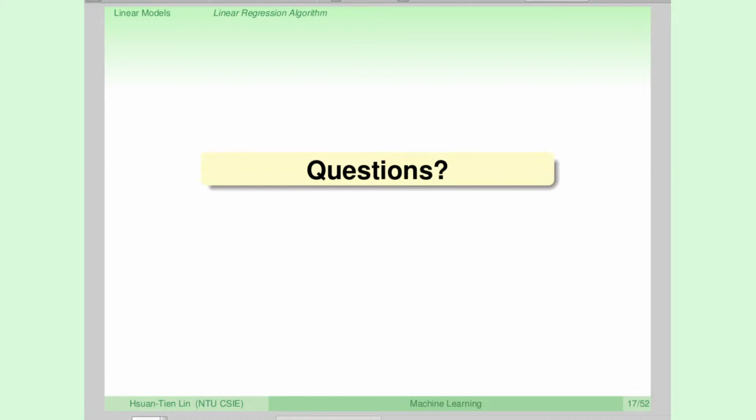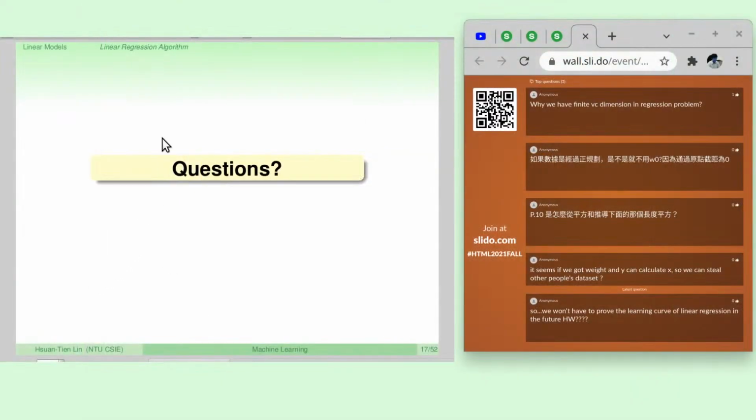Questions about linear regression? Why do we have finite VC dimension in a regression problem? It's not as easy as it sounds, but generally, let me say this.